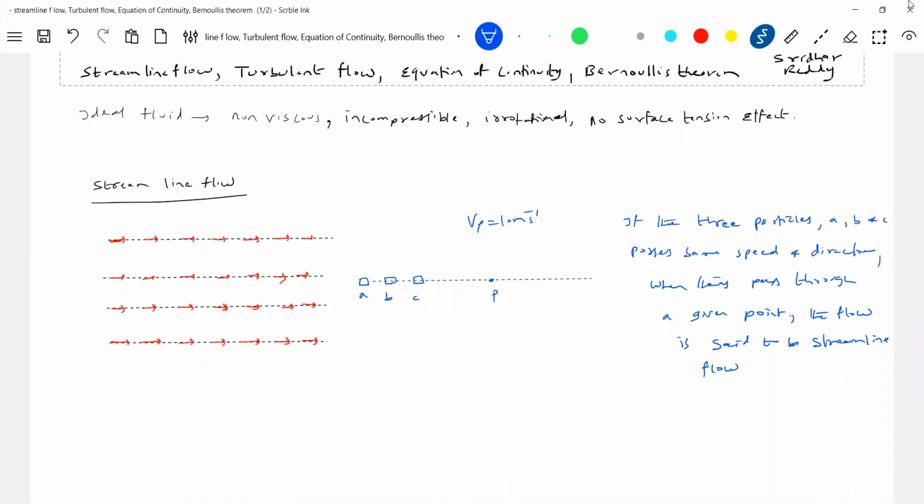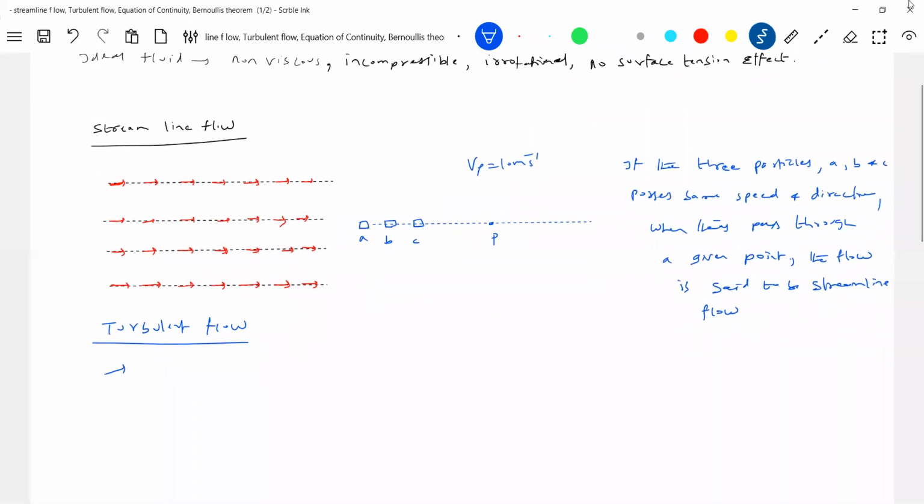For the time being in fluid dynamics, we'll define it this way. In viscosity, I'll bring another definition. Now, what do you mean by turbulent? They're moving. The net flow is towards the right. But what will happen? Different particles, when they arrive at a point, will have different speeds.